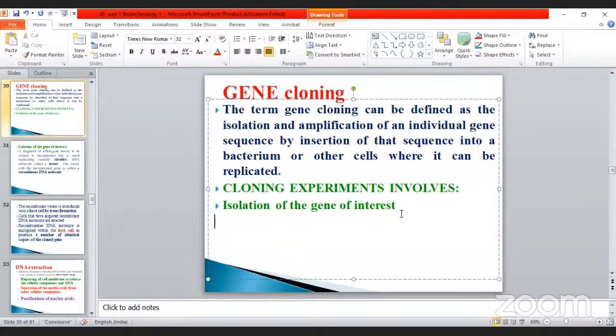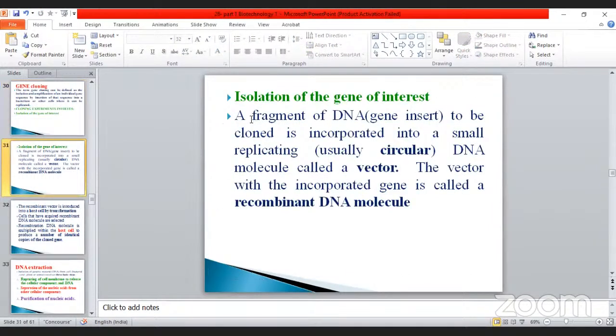Which gene we want to isolate, we want to reproduce by the technology. How will it be isolated? A fragment of DNA, the gene, is inserted to be incorporated into a small replicating DNA molecule called a vector. The vector with the incorporated gene is called the recombinant DNA molecule.